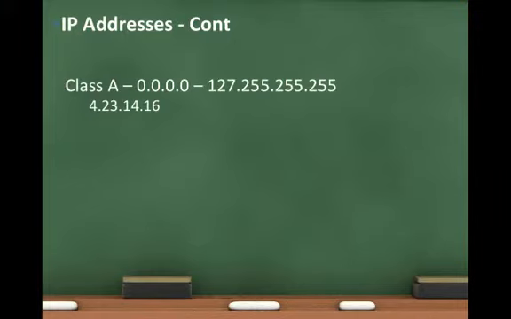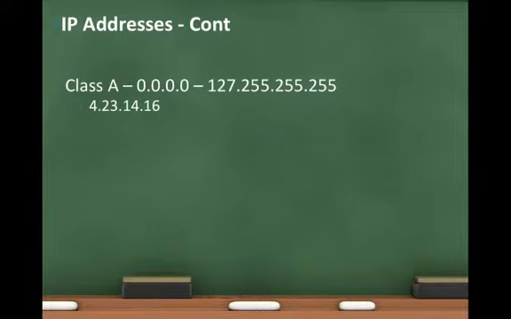Okay, so Class A addresses. This shows the range of Class A addresses, the total possibilities, from 0.0.0.0 to 127.255.255.255. In our dotted decimal configuration here, the maximum number that you can have is 255 in any one octet.